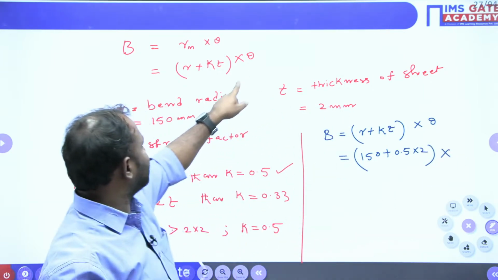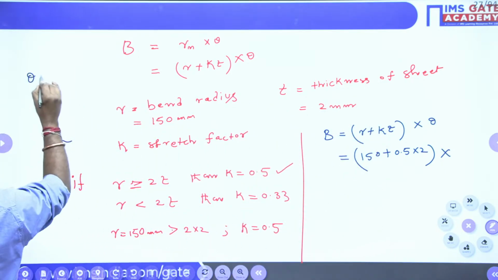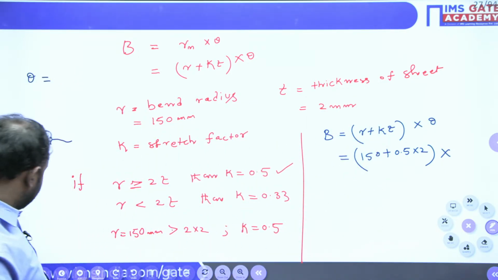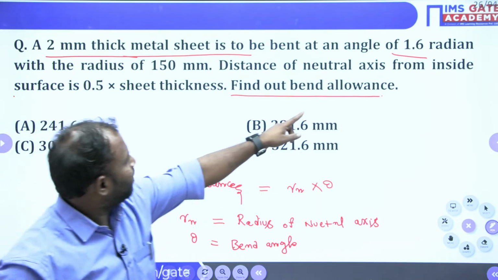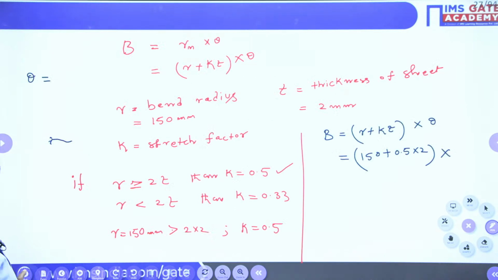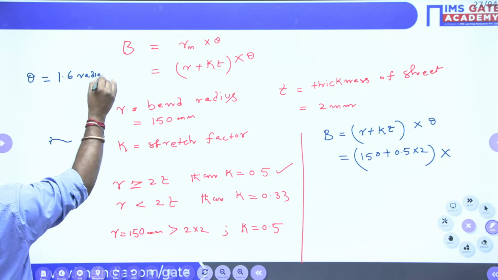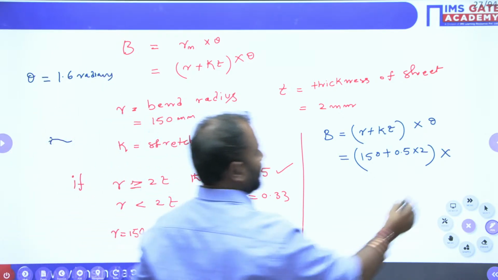Theta is in radians. Theta, the bend angle, is given in the problem now. Bend angle is 1.6 radians. Theta is equal to 1.6 radians.